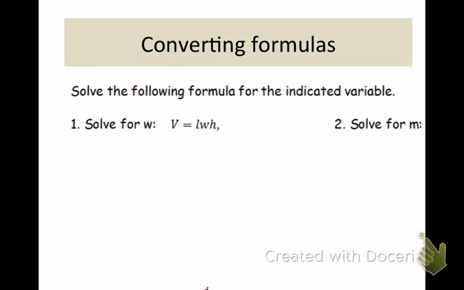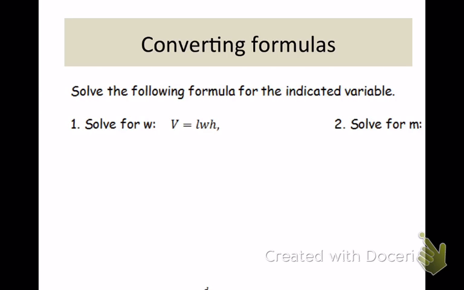So here's number 1. We're going to be solving for W. So instead of having V equals, our goal is to have W equals. Meaning, we need to take anything on the right side of the equation that's not W, eliminate it and move it to the left side. V is equal to length times width times height.